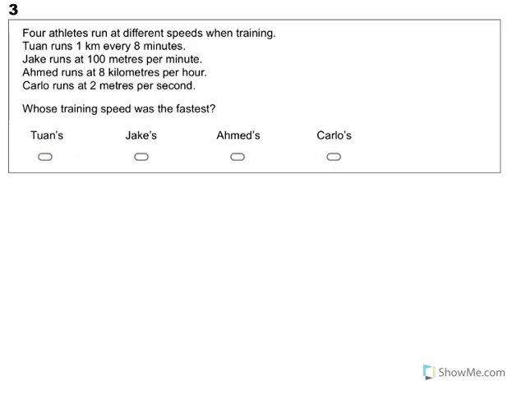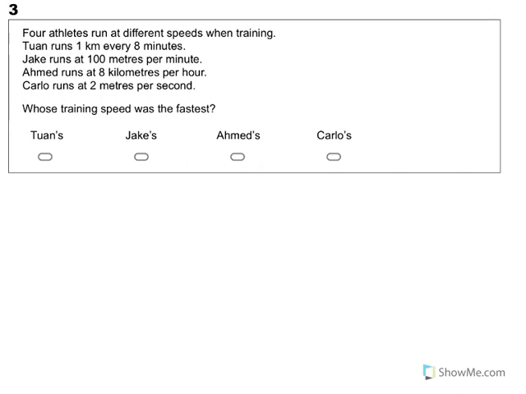Okay guys, question 3. Here we've got a whole bunch of different units. We've got this in kilometers per 8 minutes, meters per minute, kilometers per hour, and meters per second. We can't compare those because they're all in different units. So let's change them all into the same unit.